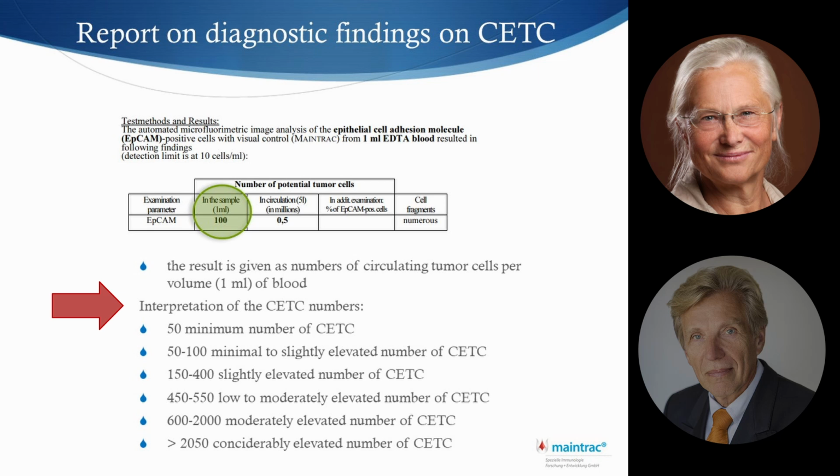And the interpretation is: up to 50 is the minimum number of circulating epithelial cells. 50 to 100 is a minimal to slightly elevated number. 150 to 400 we call slightly elevated. 450 to 550 is low to moderately elevated numbers. 600 to 2000 is moderately elevated, and more than 2000 is a considerably elevated number of circulating cells. So you can estimate how we call these numbers.